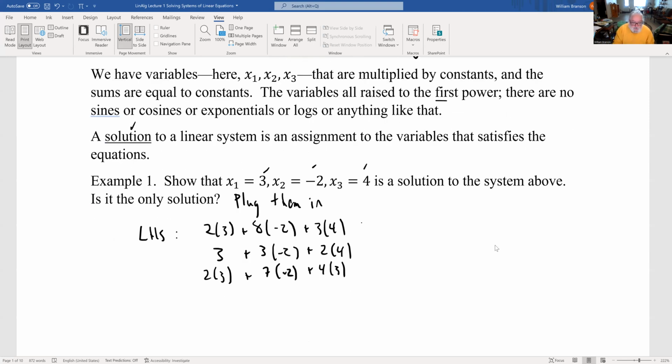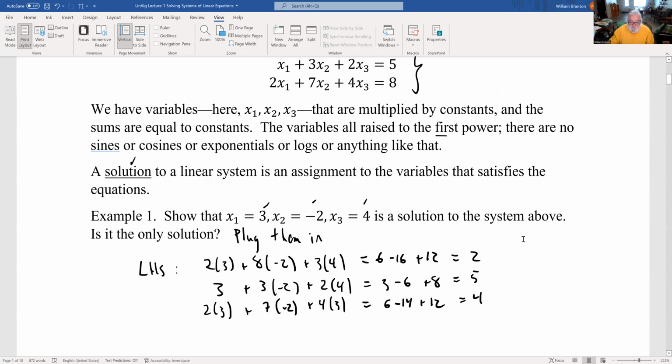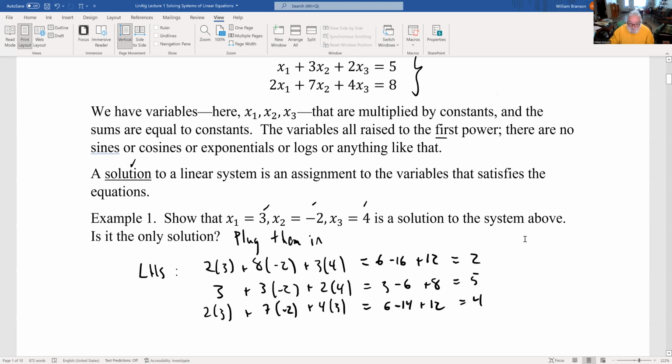You multiply them out. 6 minus 16 plus 12. 3 minus 6 plus 8. And the third line is 6 minus 14 plus 12. And that becomes -10 plus 12 is 2. 11 minus 6 is 5. 18 minus 14 is 4. 2, 5, 4. Oops.